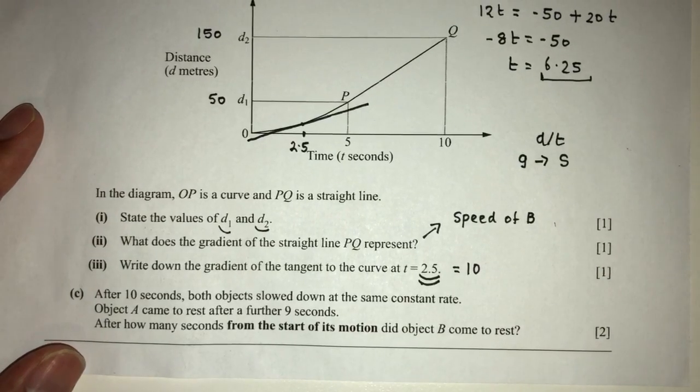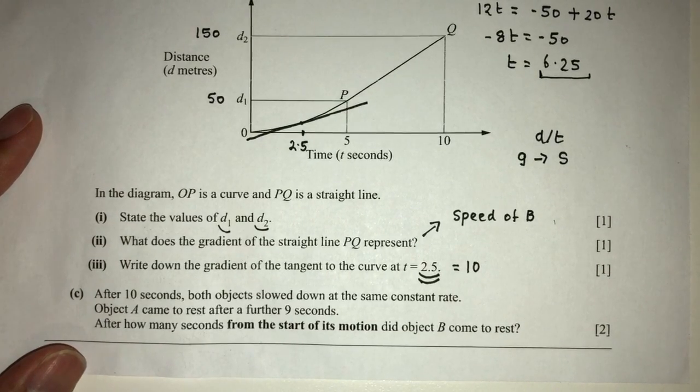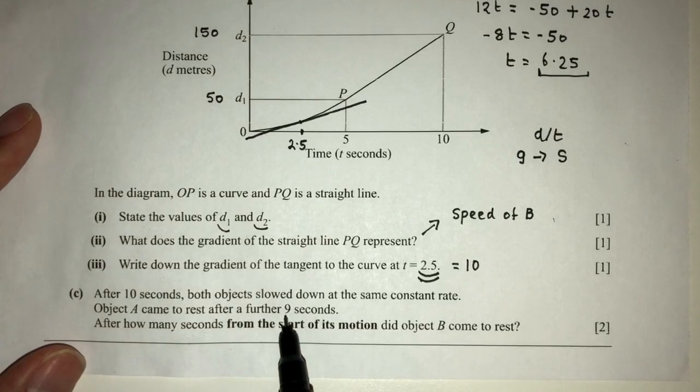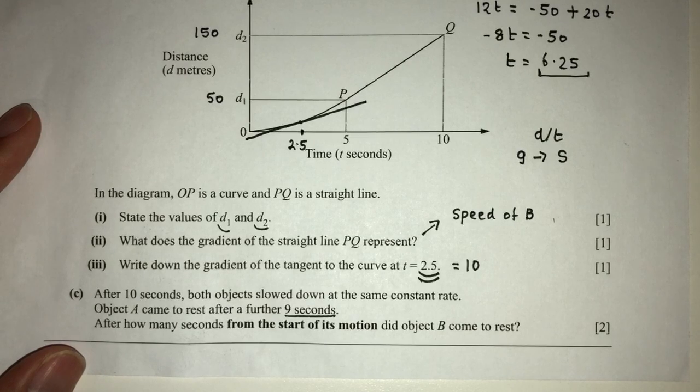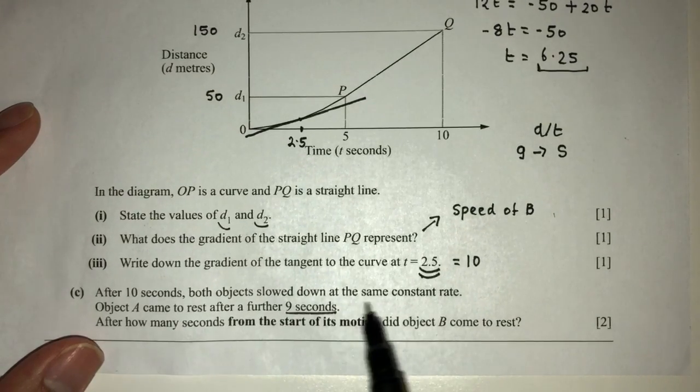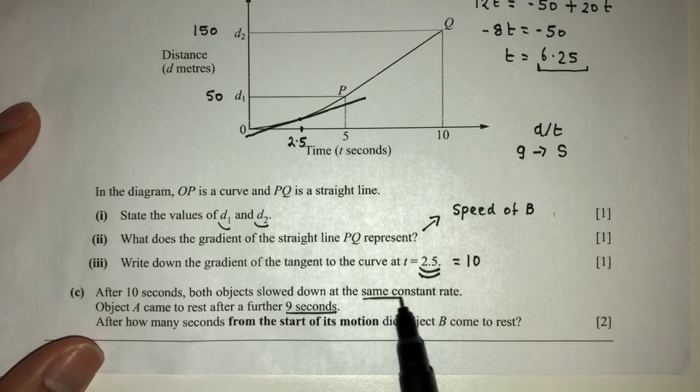Now for part C, after 10 seconds, both objects slowed down at the same rate. Object A came to rest after a further 9 seconds. After how many seconds from the start of its motion did object B come to rest? So the idea now is that they come to rest at the same rate.